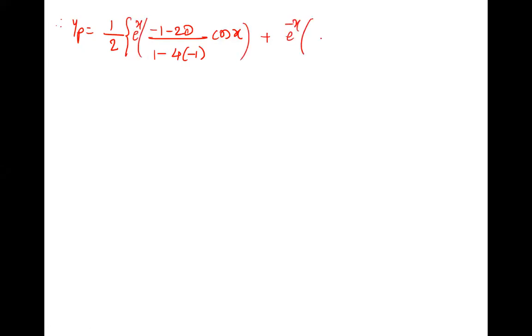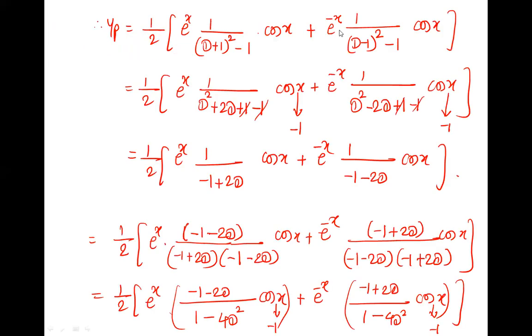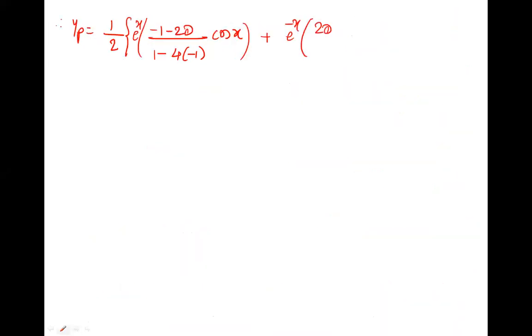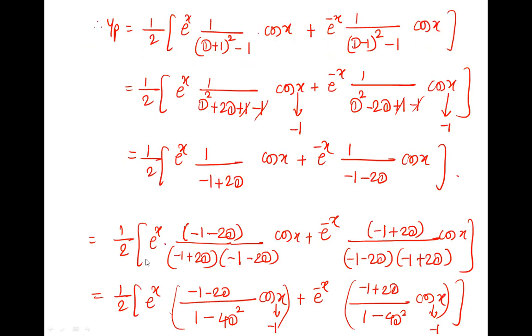Here e raised to minus x into, tell me the term here, minus 1 plus 2D upon 1 minus 4 into minus 1, into cos x. Is it correct? Yes, ma'am. So it is equal to 1 by 2. Did you write it correctly? Check once. Is there any difference between the last step and this step? Check it.